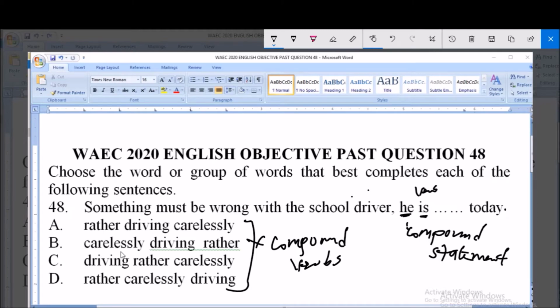That is, "carelessly" is an adverb telling us more about this verb "driving," but the problem we have with option B is "rather." So "rather" cannot come after the adverb that modifies or tells us more about this verb "driving." Then "rather" cannot come after it again.